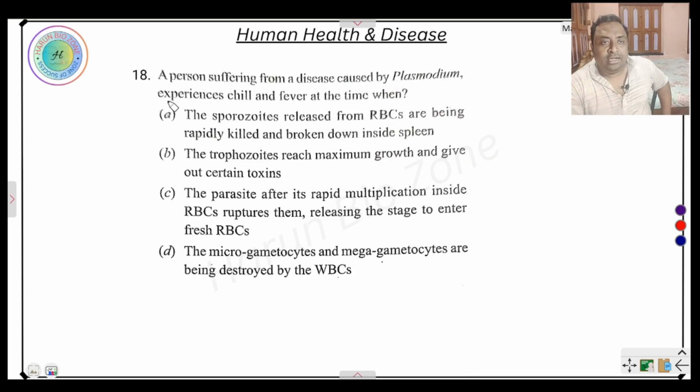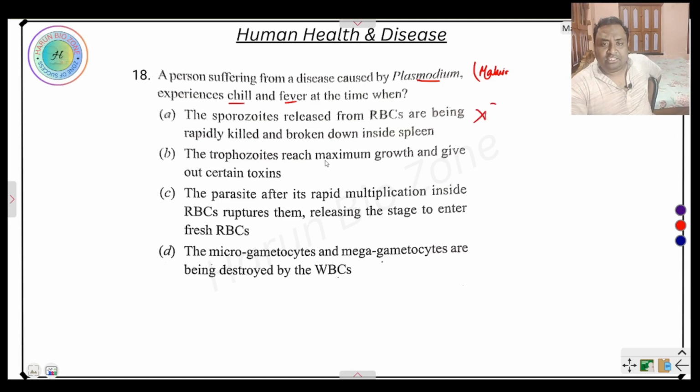Next, a person suffering from disease caused by Plasmodium, the malarial parasite, experiences chill and fever. Option: the sporozoites released from RBC are rapidly killed and broken down inside the spleen. This is not the right option.